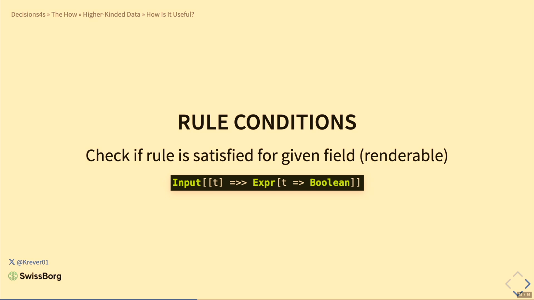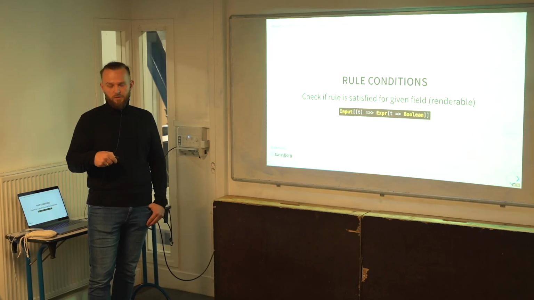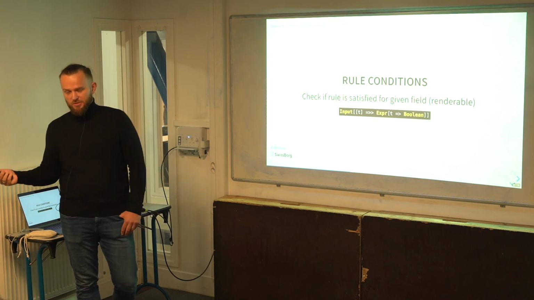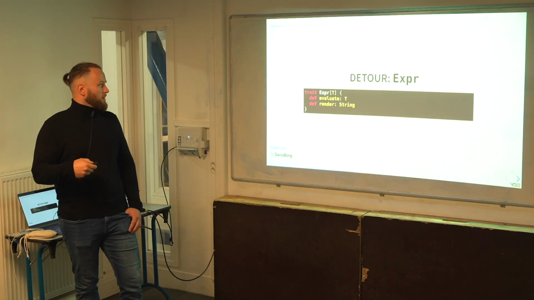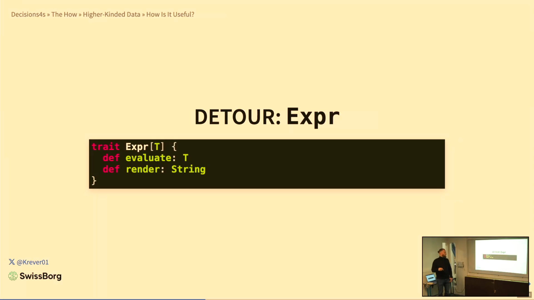So, for example, the rule conditions that we specify, the matching logic, is just an input filled with expressions of T to Boolean. You might wonder what an expression is, and that's a good question. An expression is a very tiny abstraction in Decisions4s, a trait that can produce a given value and that can render itself to a string.